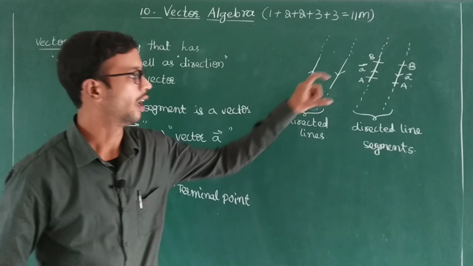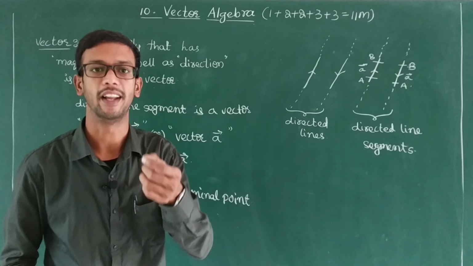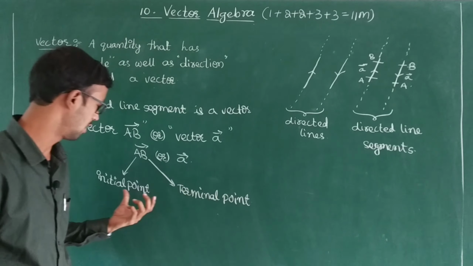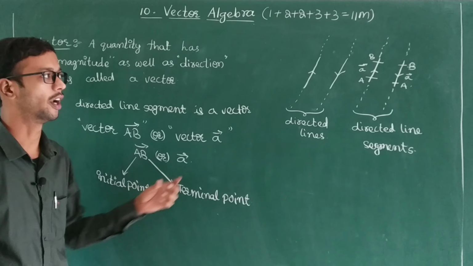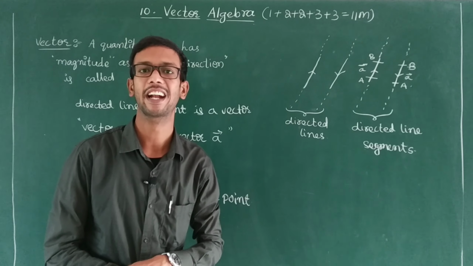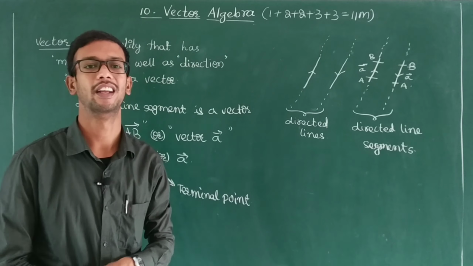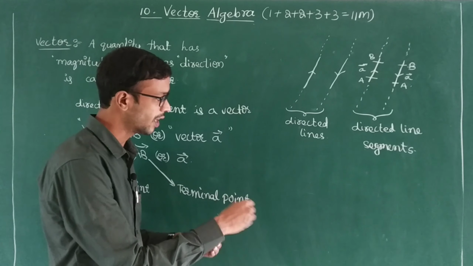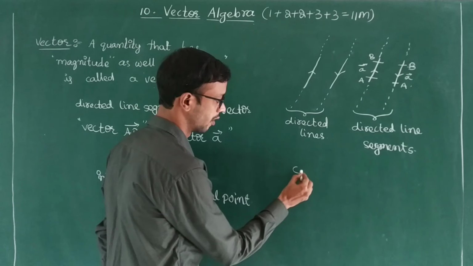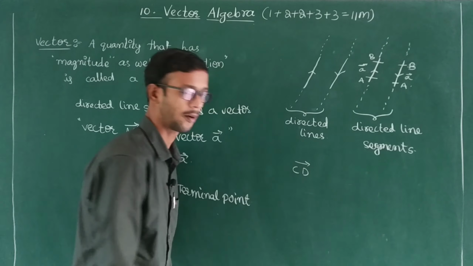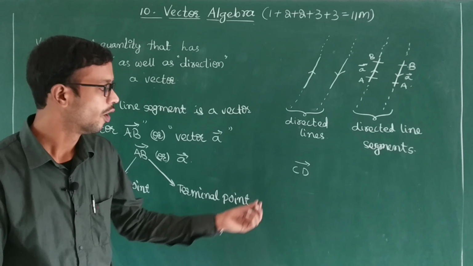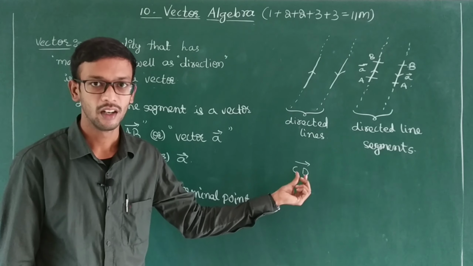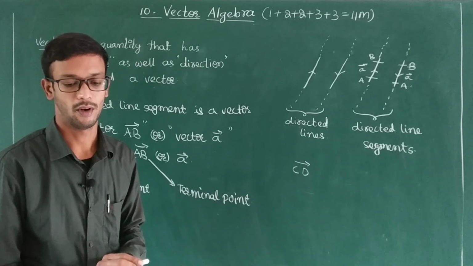The starting point is called the initial point, and the ending point in a vector is called the terminal point. Initial point and terminal point. Next, one more example: CD bar. C is the initial point, D is the terminal point.